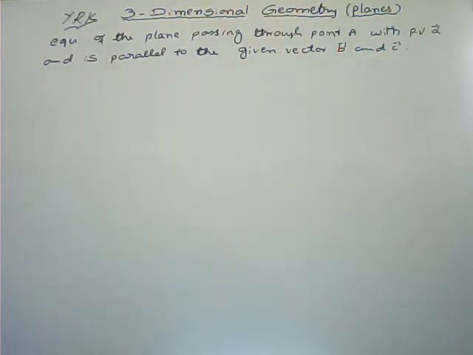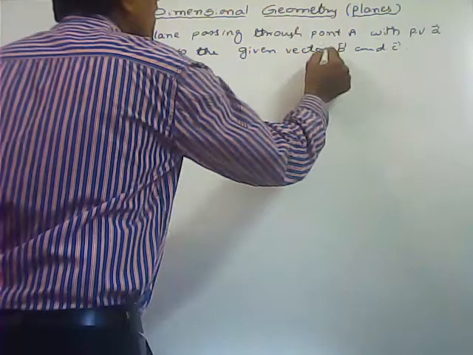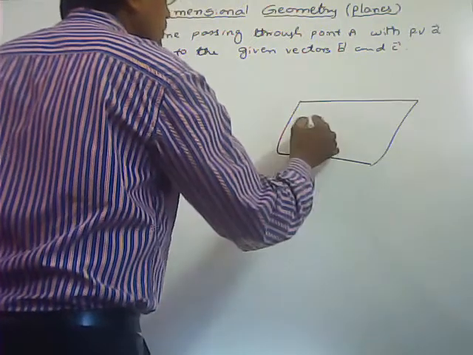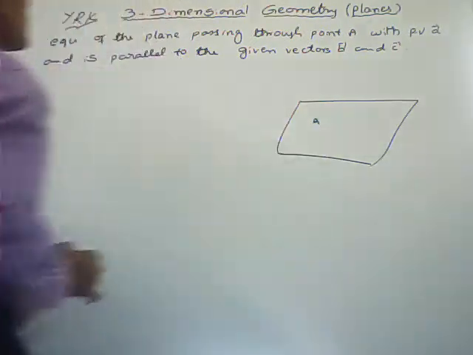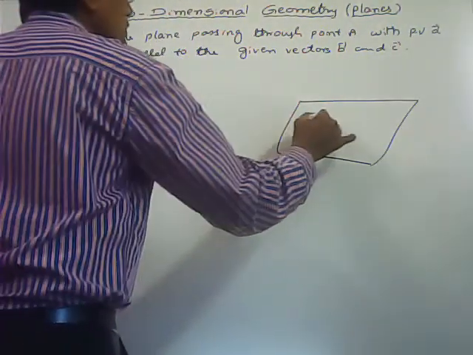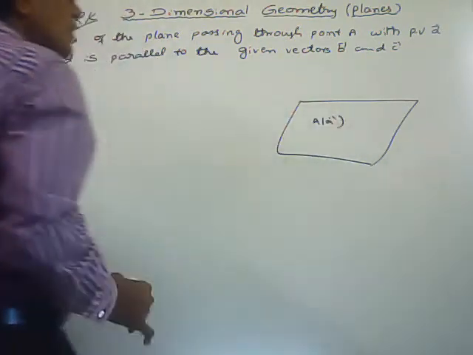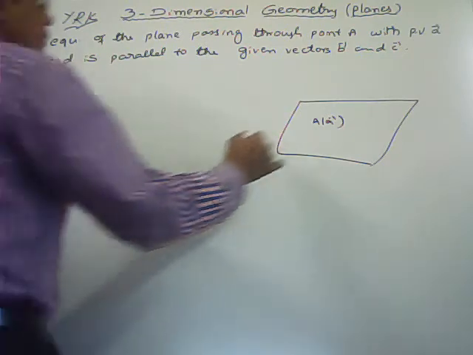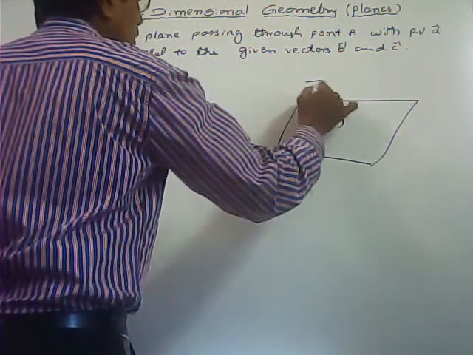Here, the equation of the plane passing through the point A with position vector A bar and parallel to the given vectors B bar and C bar. See here, this is the plane passing through the point A whose position vector A bar is given, and that plane is parallel to two given vectors, B bar and C bar.